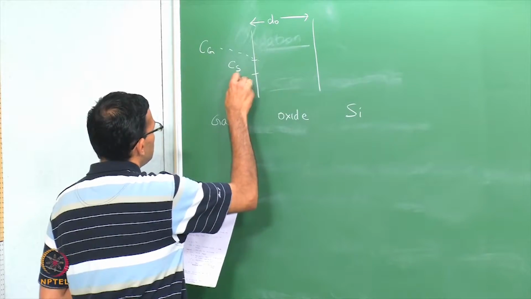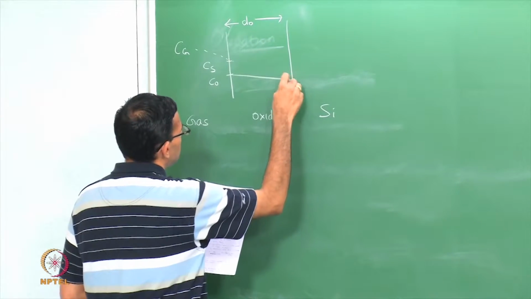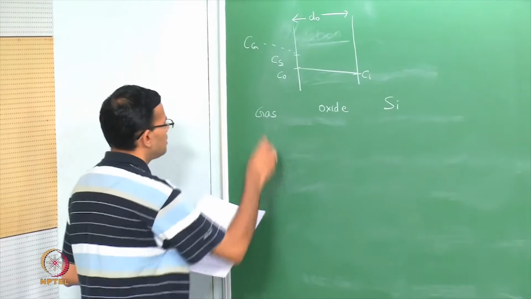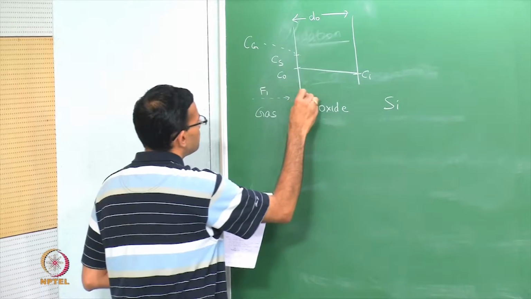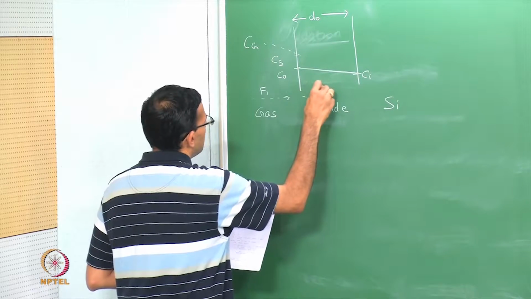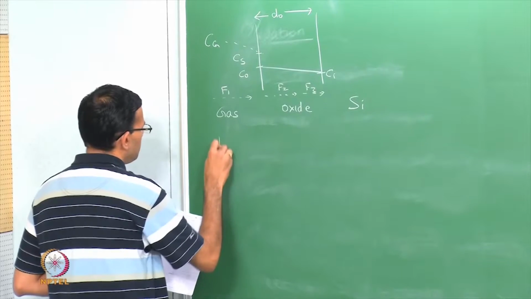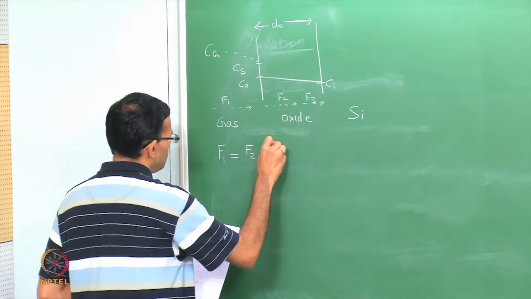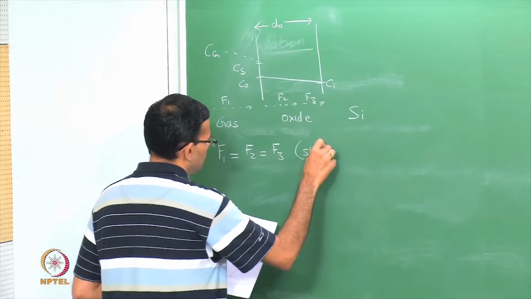Within the oxide there is a concentration C naught at the surface and Ci at the interface. We also saw there were 3 fluxes, F1, F2 and F3, and F1 equal to F2 equal to F3 in steady state.